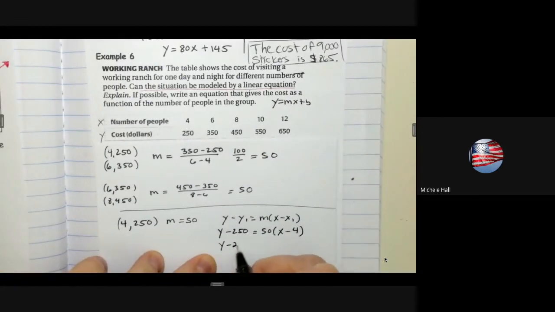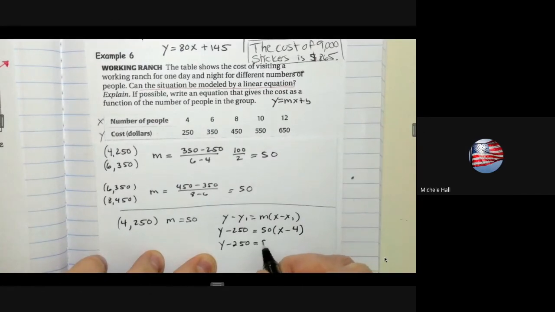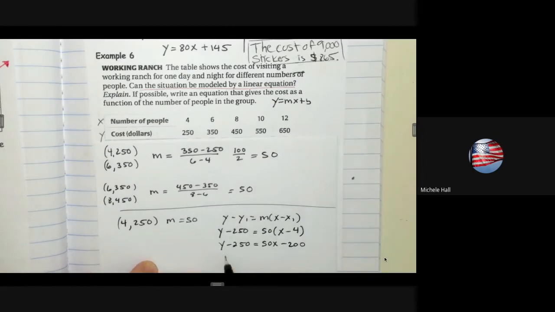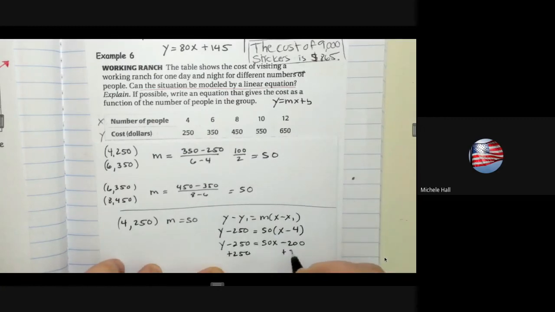We're going to simplify with the distributive property, 50 times x. 50 times negative 4 is negative 200. And then we're going to finish getting y, or the cost, by itself. So plus 250, and we get y equals 50x plus 50.